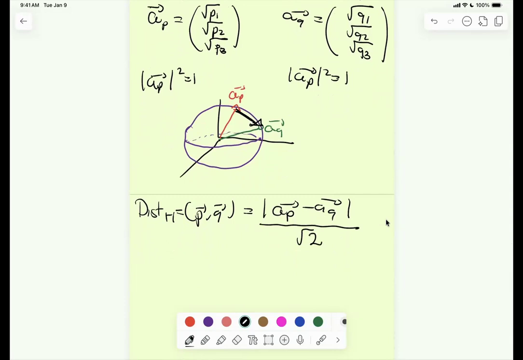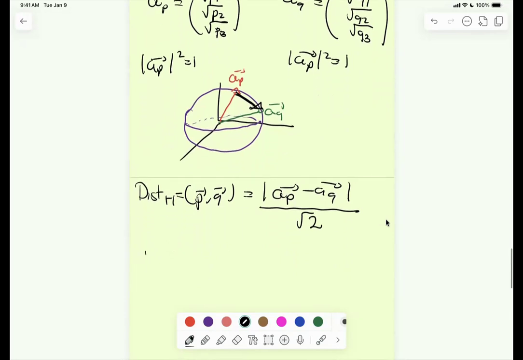But what we had worked out in class, two classes ago, was that if you just play with this formula, the distance squared happens to be, what was it, 1 minus the cosine of theta, I believe, where theta is the angle between those two vectors.